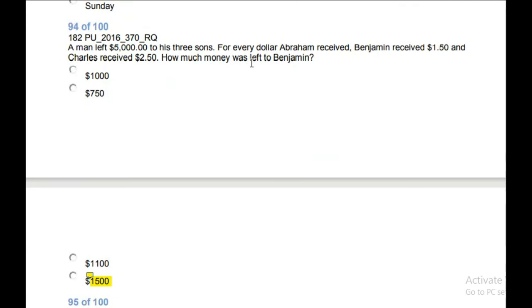How much money was left to Benjamin is the question. So if Abraham received $1, Benjamin received $1.50, then Charles received $2.50.